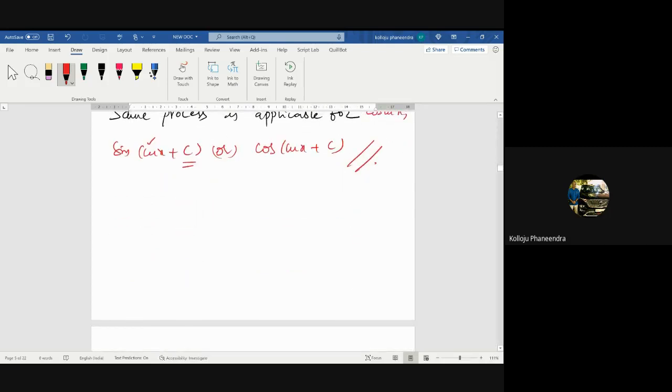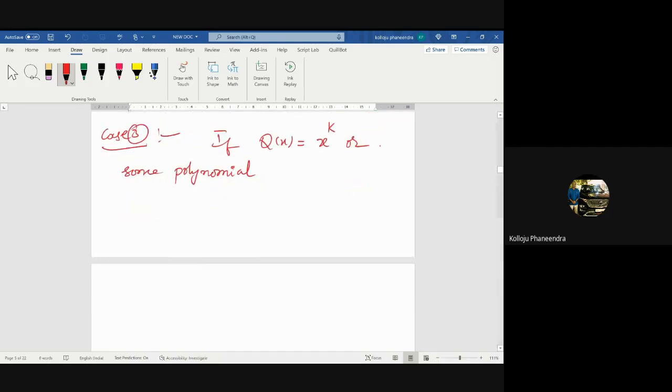And case 3. If q of x equals x to the power of k, or some polynomial, then what is f of yp?